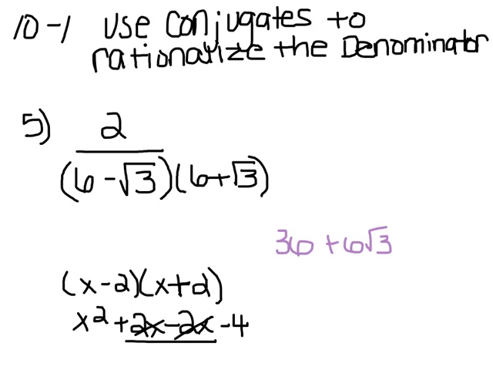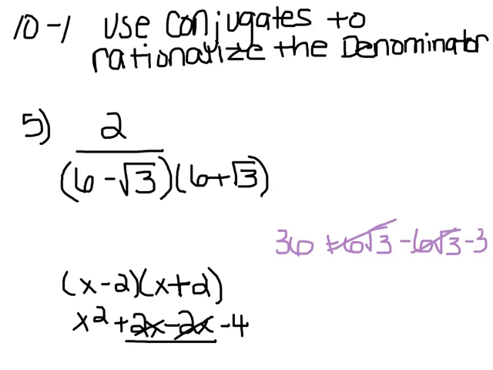A negative 1 radical 3 times 6 will give us a negative 6 radical 3. And then radical 3 times radical 3, this one being a negative radical 3, we'll be left with minus 3. What ends up happening is in the middle, our middle terms are a positive 6 radical 3 and a negative 6 radical 3.